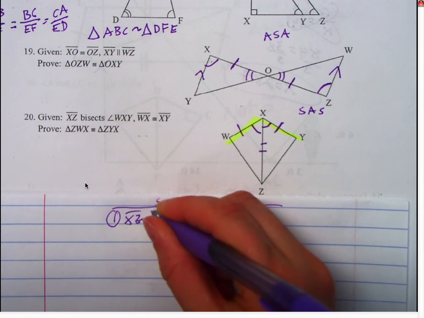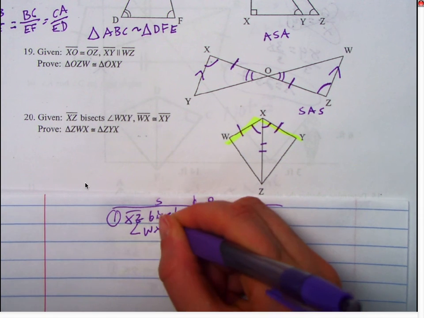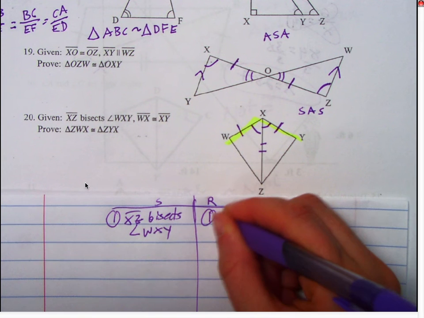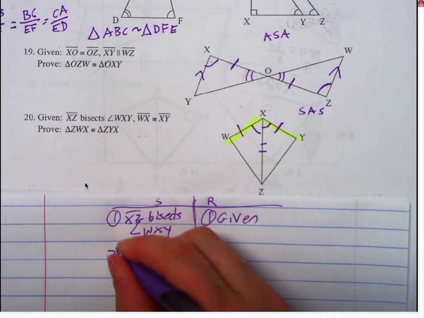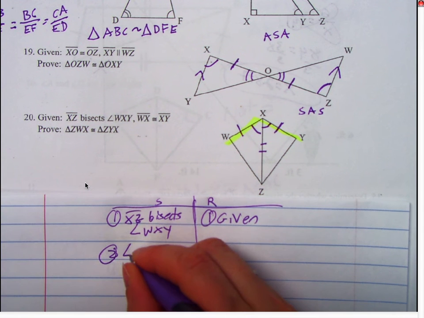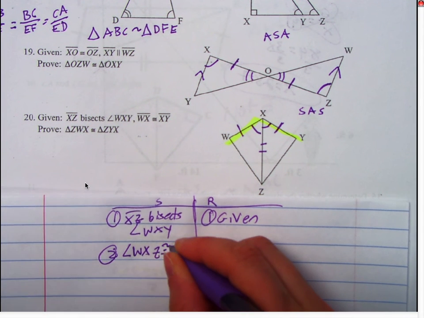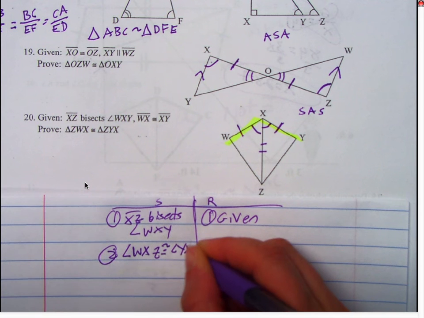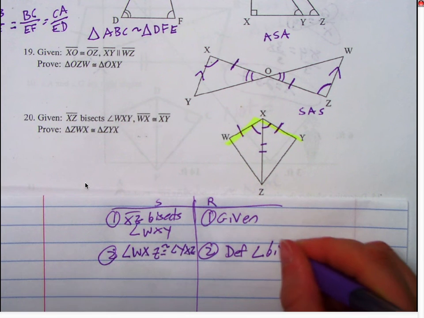Step 1: XZ bisects angle WXY, given. I can't move on because this does not state 2 things are congruent. So the next thing I'm going to do is angle WXZ is congruent to angle YXZ by definition of angle bisector.